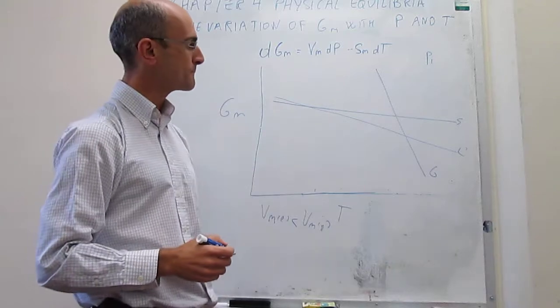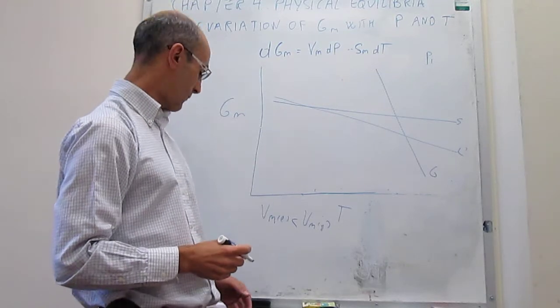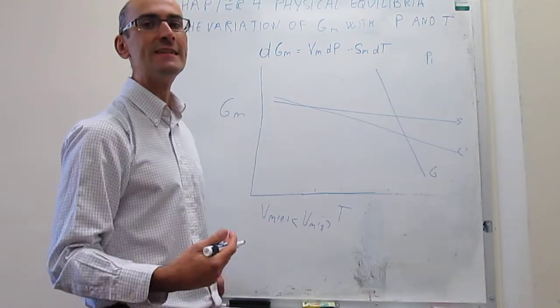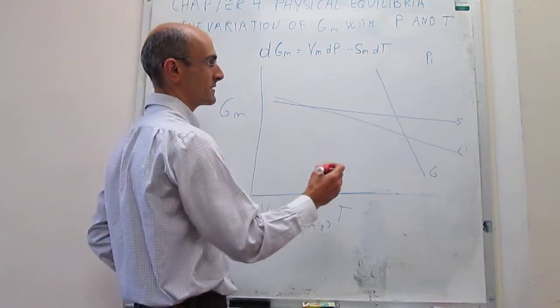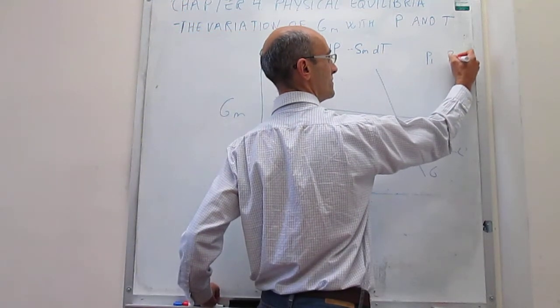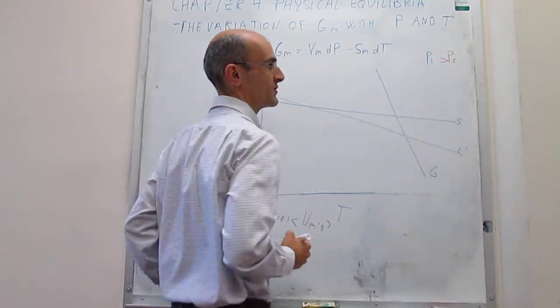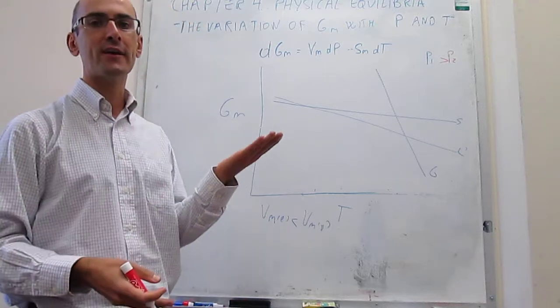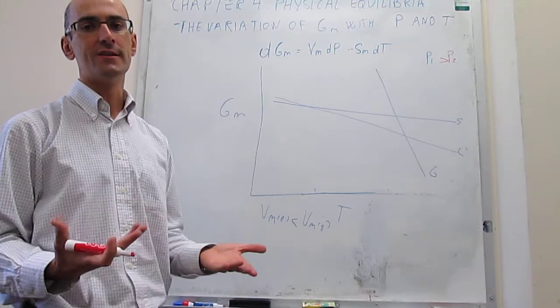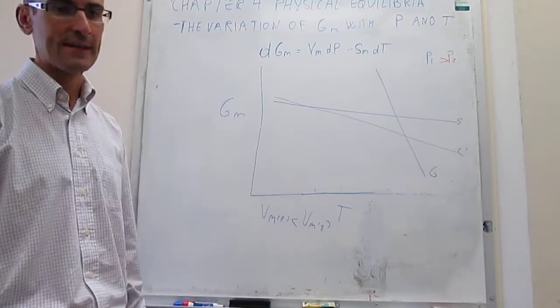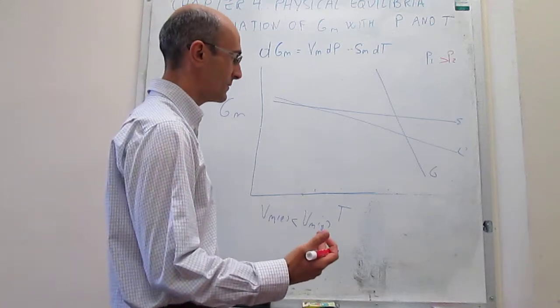That's why they're negative. And then we want to calculate what happens when you decrease the pressure. So we're going to draw these lines at a pressure P2, which is smaller than the pressure P1. So here we would be applying a vacuum so that the external pressure is not 1 bar, but something less. Okay, so let's see what happens here.